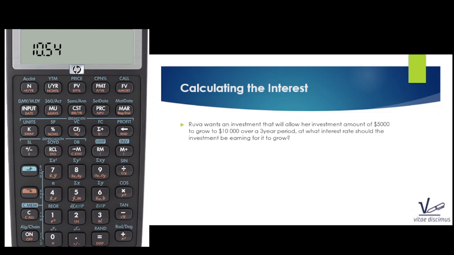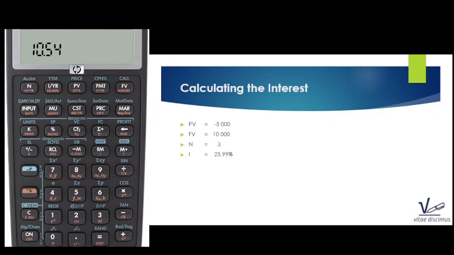Again, our inputs will be: the 5,000 is a present value, it's a once-off investment. She wants the amount to grow to 10,000, which is the future value, over a period of 3 years. Then we want to compute the I. Again, either your PV or your FV needs to be a negative for the calculator to compute.